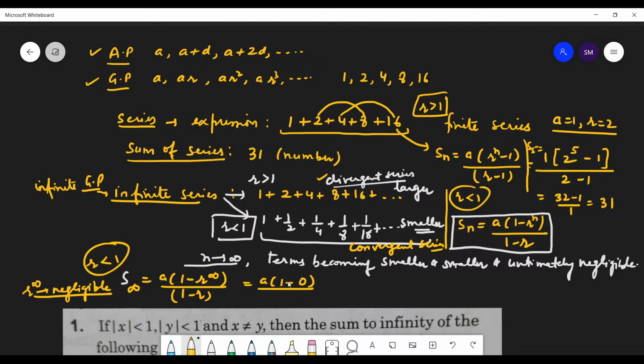Students, you will face this kind of thing, negligible, putting 0, in physics, in maths, even in economics later on. That is why you are studying significant figures also in your physics and chemistry. So we put 0 here for negligible quantities because it is negligible as compared to 1. Okay.